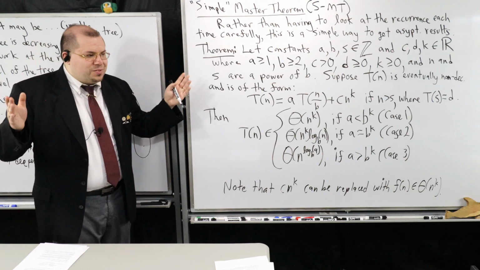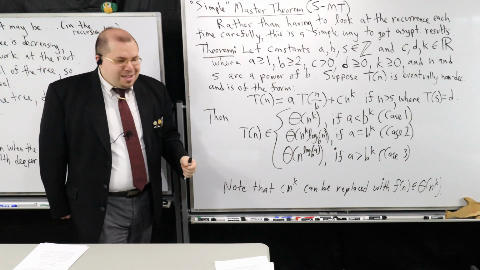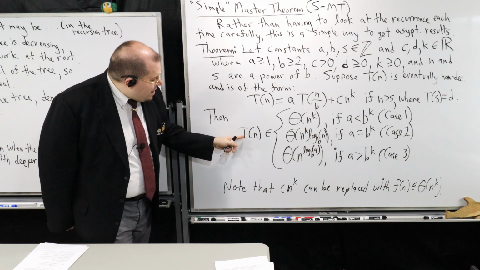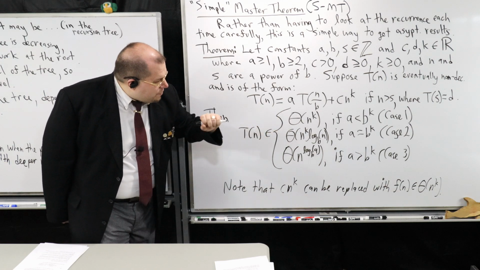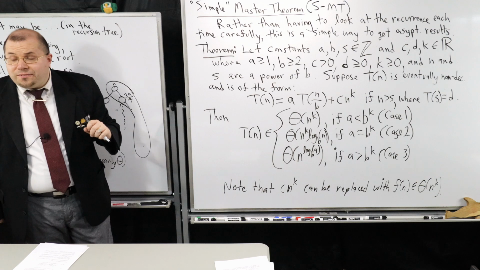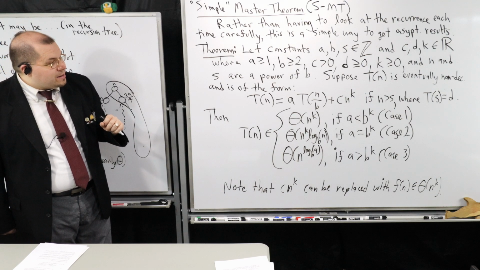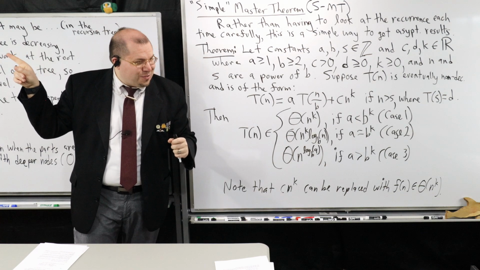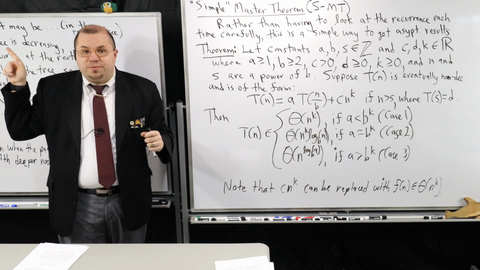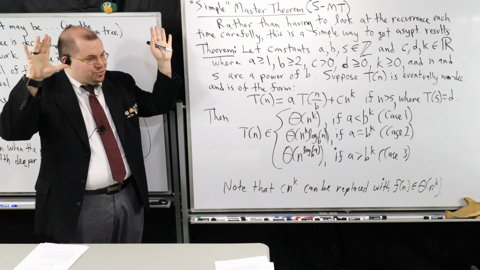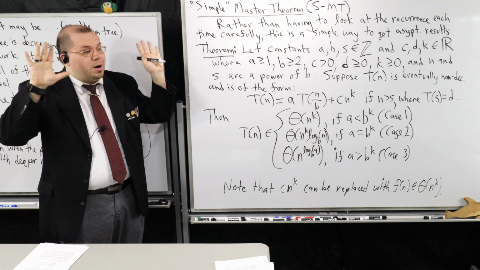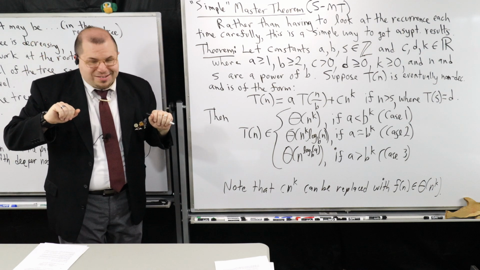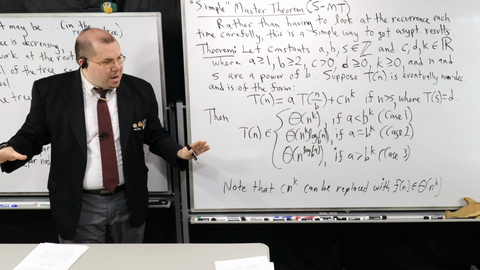This should remind you of the smoothness rule. So I have T of n is big theta of n to the k if a is less than b to the k. This is actually case 1, that I just mentioned over here. This is when the non-recursive work at the root, or at the top of the tree in our recursion tree, is dominating all of the operations when I sum them up.